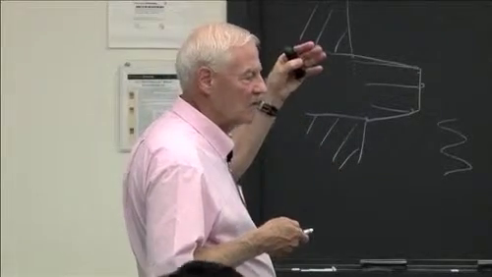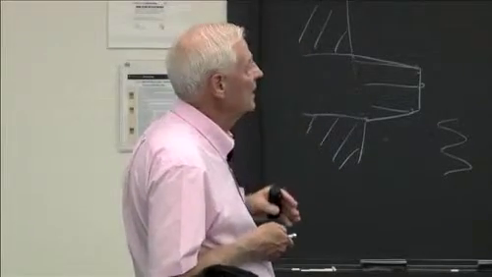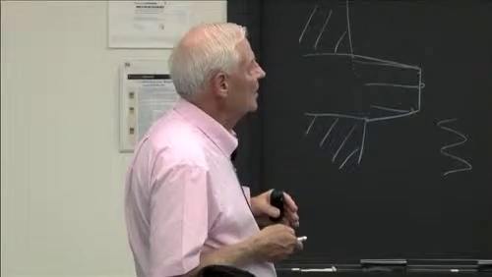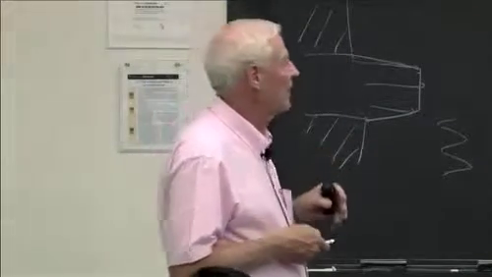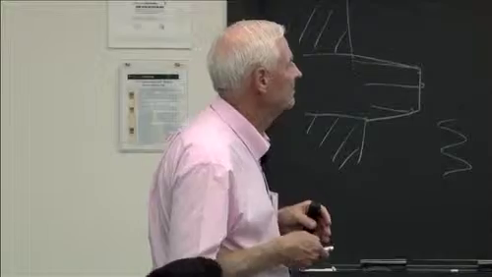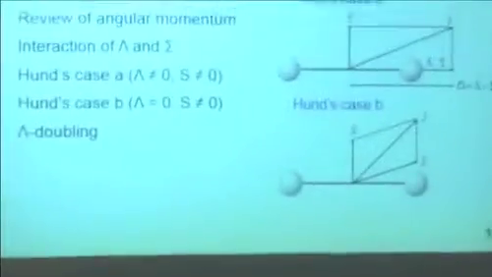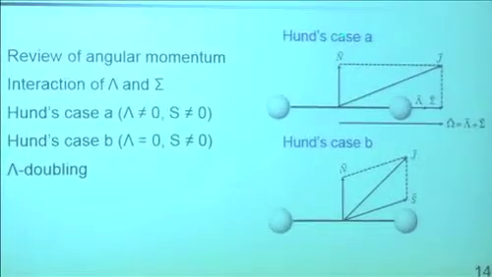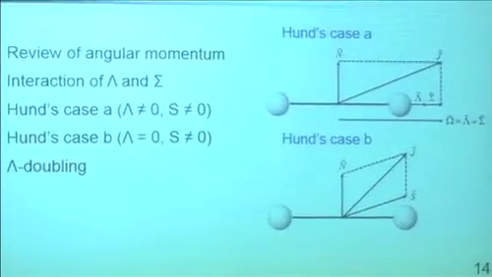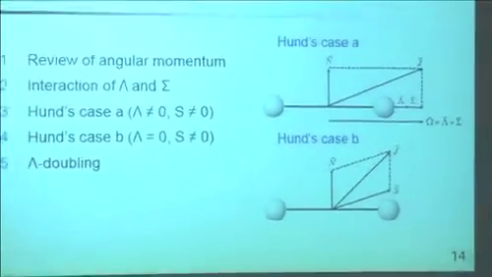That was the symmetric top. When there's no magnetic field, S can do its own thing. That's N here. We always have N. So there's a difference between Hund's case A and Hund's case B in terms of the constraint on the orientations of the spin.